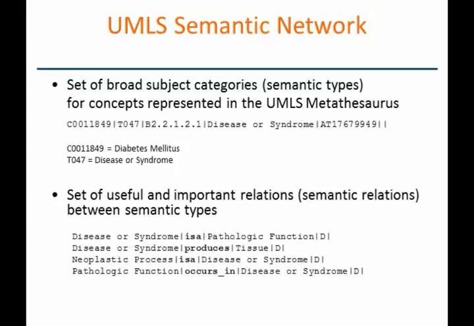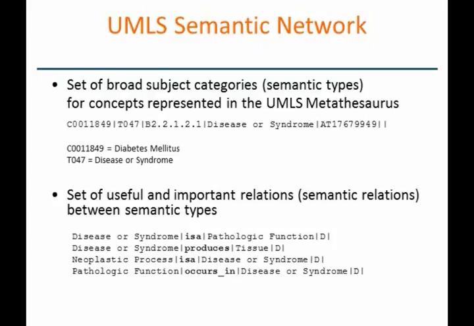So, for example, there could be a simple relationship in this portion of the slide, a set of useful and important relations, that a disease or syndrome, such as diabetes mellitus, is a pathological function of the pancreas, of course. And pathological function is a semantic type. Go down to the last one, pathological function, glucose intolerance, occurs in the disease of diabetes.